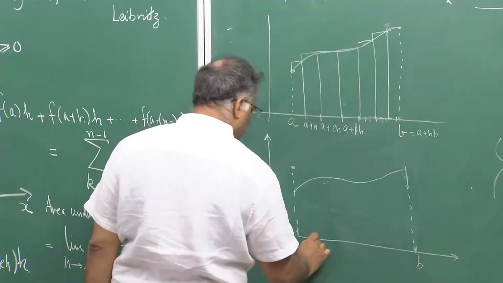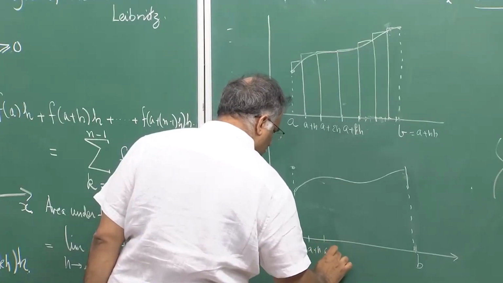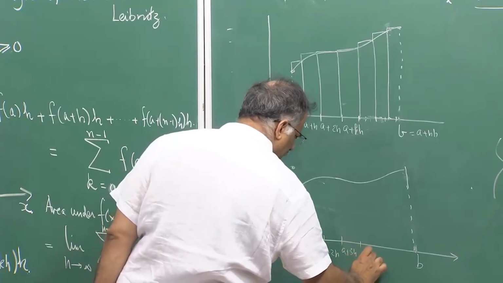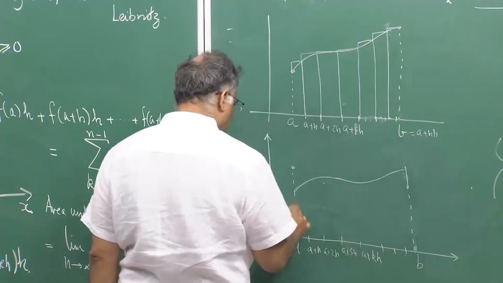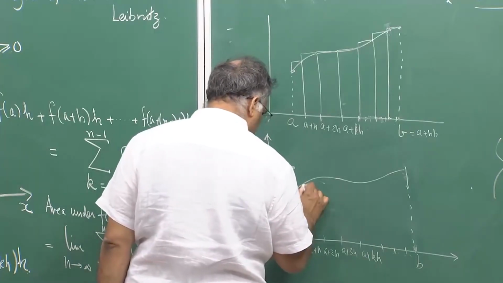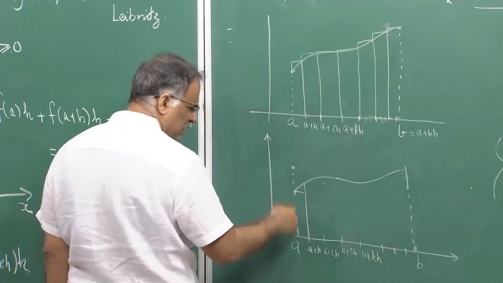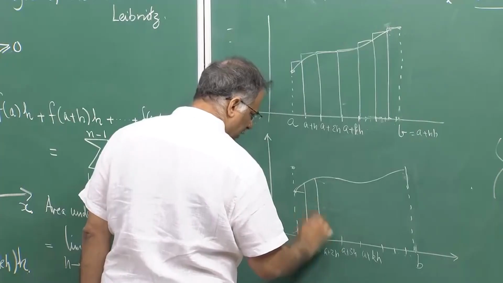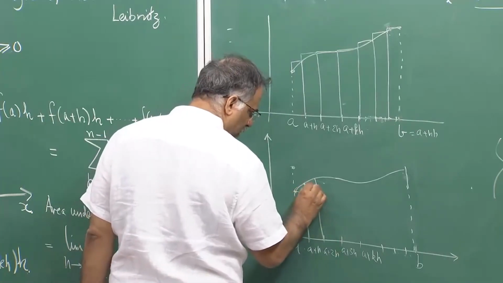Now we will do the same division: a plus h, a plus 2h, a plus 3h, a plus kh, and so on. So take the lower value. You see this rectangular area is now underestimating, some area is left inside. Now you take the lower functional value on the whole interval, because there will be a bound, and do it.